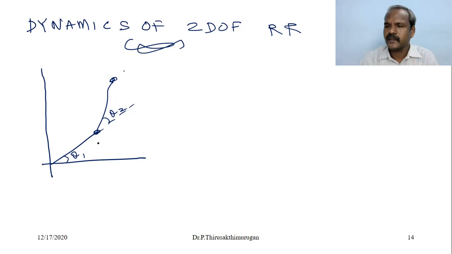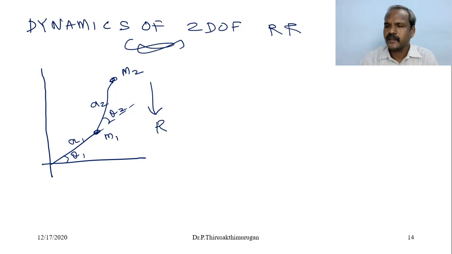This is link mass m1, here link mass m2, with link length a1 and link length a2, or l1, l2, whatever you consider. The rotation is in this planar direction.